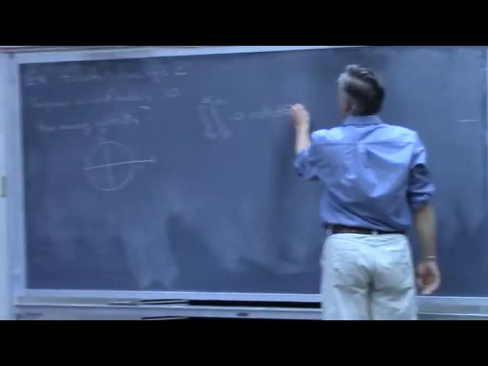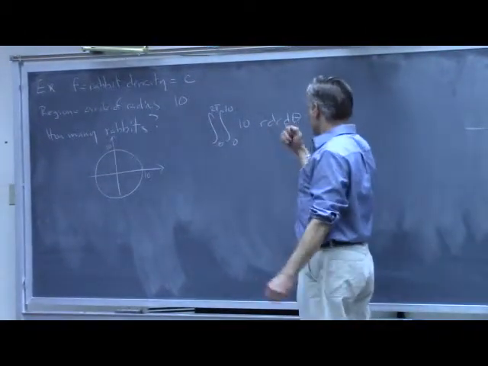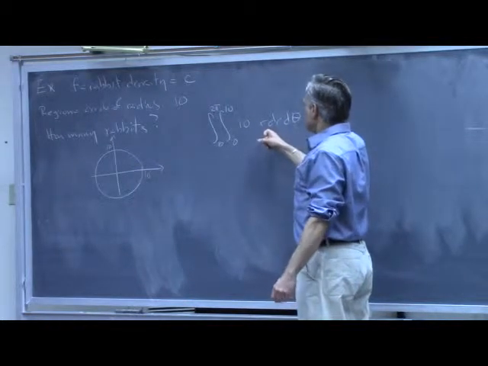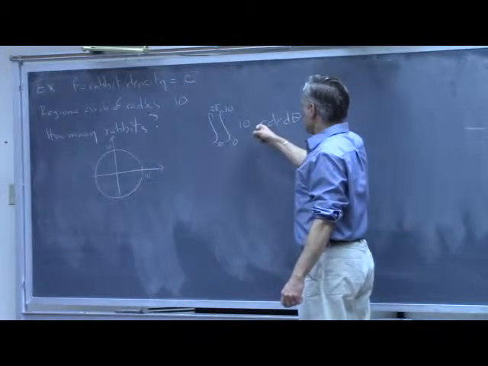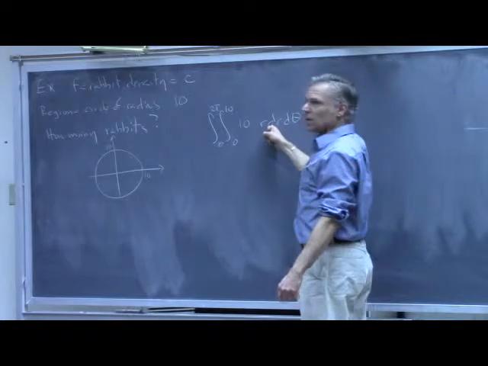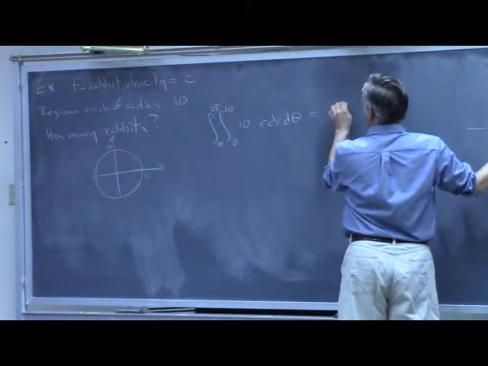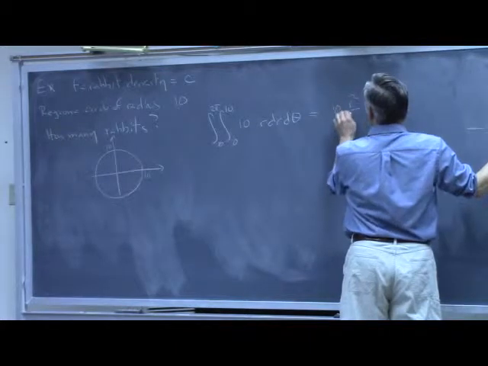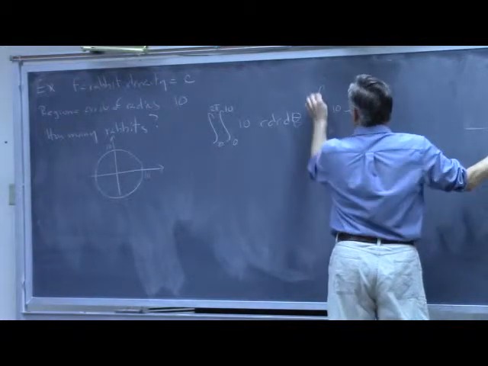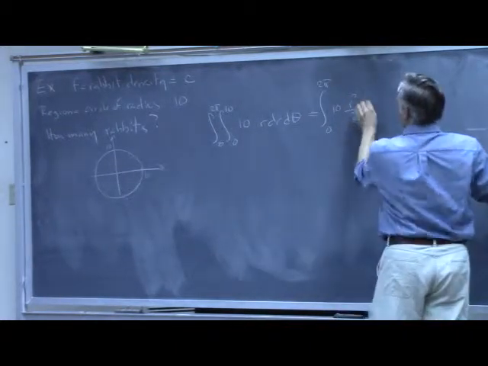All right, so now we can just do the integral. Antiderivative of r with respect to r. So this is going to be 10 r squared on 2, from 0 to 2 pi.